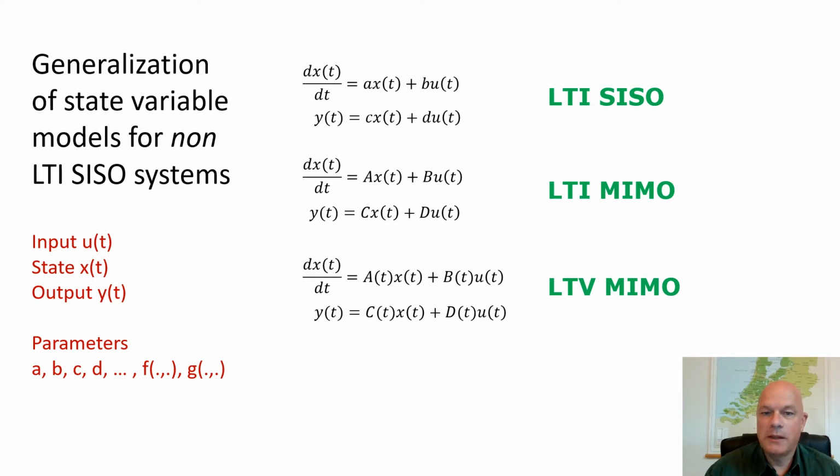If I want to represent a time variant system, then these matrices change over time. It's still linear, but now the system can become more or less responsive over time.